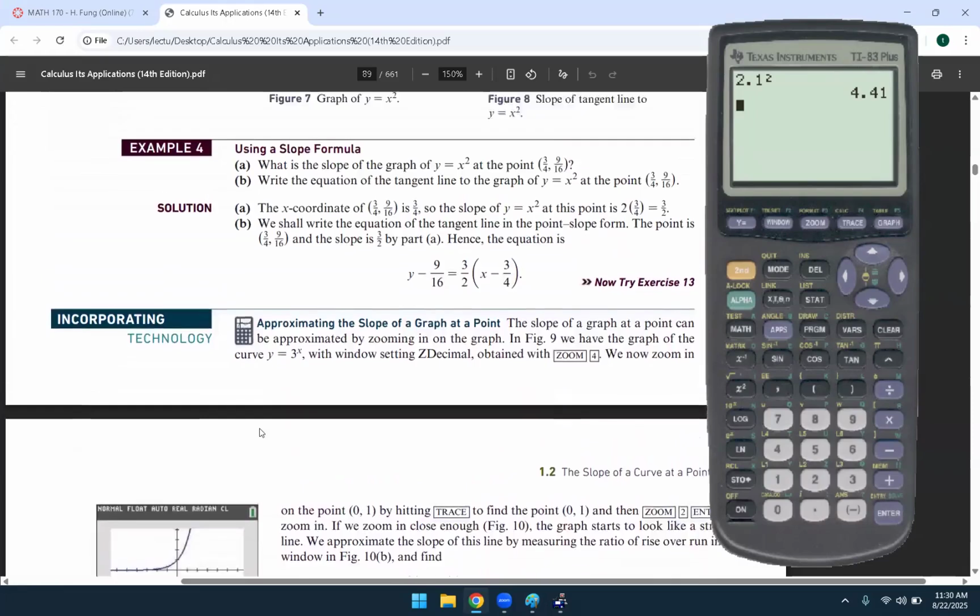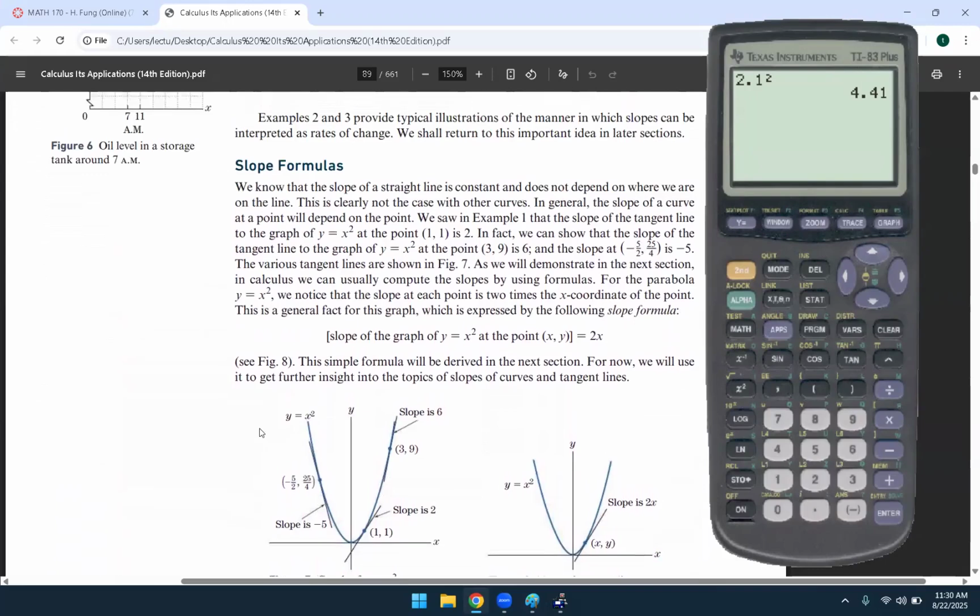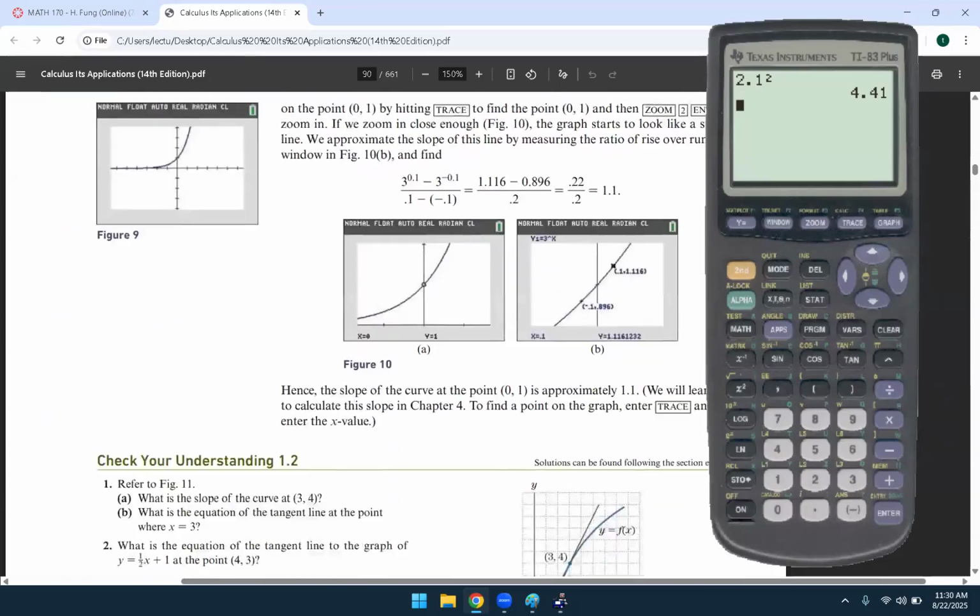Let me follow along in the textbook. Here it is, slope formulas. The slope of the graph of y equals x squared at any point on this parabola is going to be 2x. So that's your slope formula. So go back to the problem here.